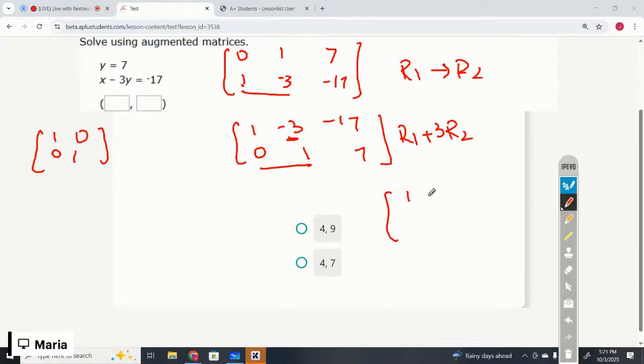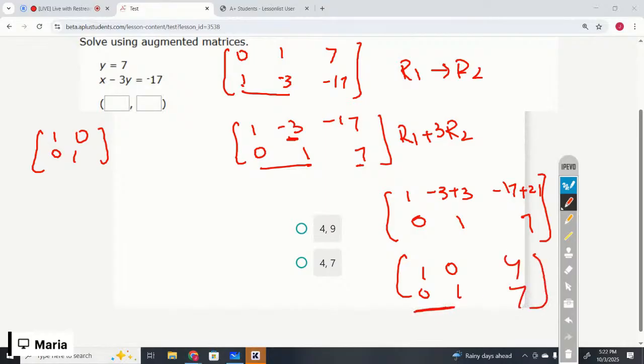R1 is 1, negative 3 plus 3 times 0, which is 0, and negative 17 plus 7 times 3, which is 21. And R2 is 0, 1 and 7. So that is 1, 0, 0, 1. 21 minus 17 is 4, and 7. So see, here we have the identity matrix now.